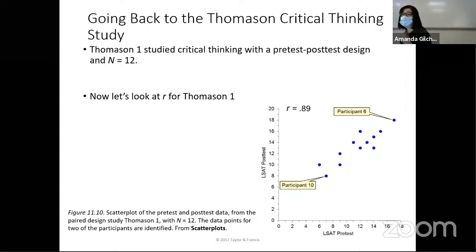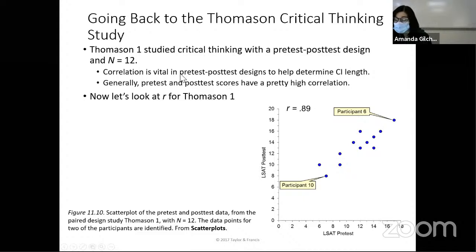In this case, it was composed of LSAT questions, and the LSAT is an entrance exam and an aptitude exam for law school, and it's basically a bunch of logic problems. And then Thomason and colleagues gave people this critical thinking seminar and workshop, and then they got a post-test, more LSAT questions. So here's our data.